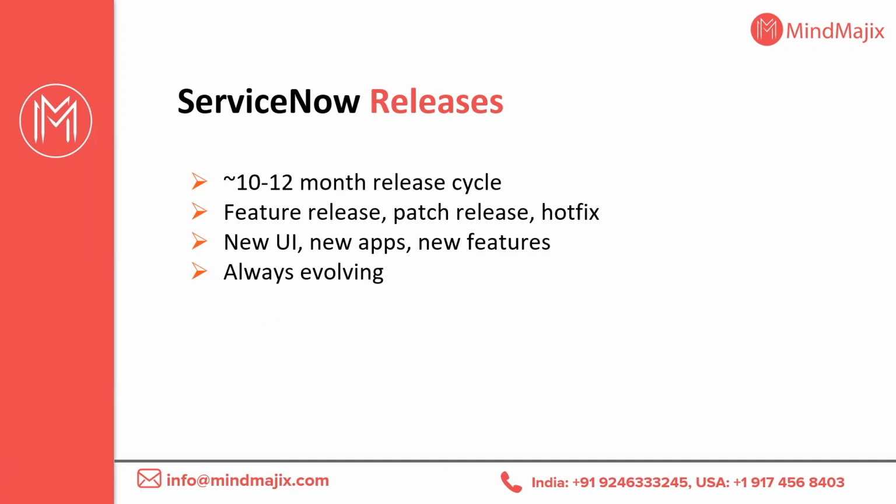They follow the alphabetical format, and right now they are in San Diego, that is S. Before S it was Rome, that is R. Before that the release was Q, that is Quebec.